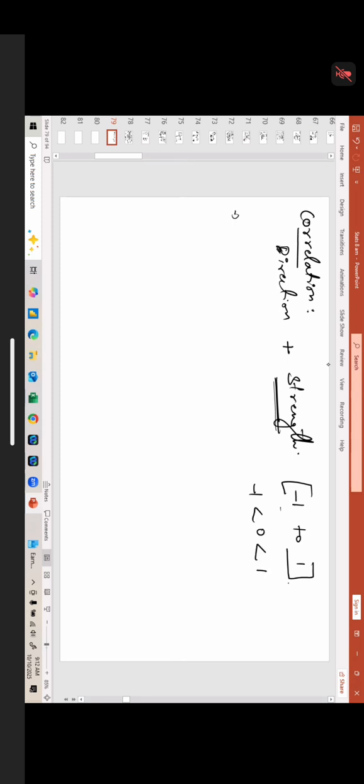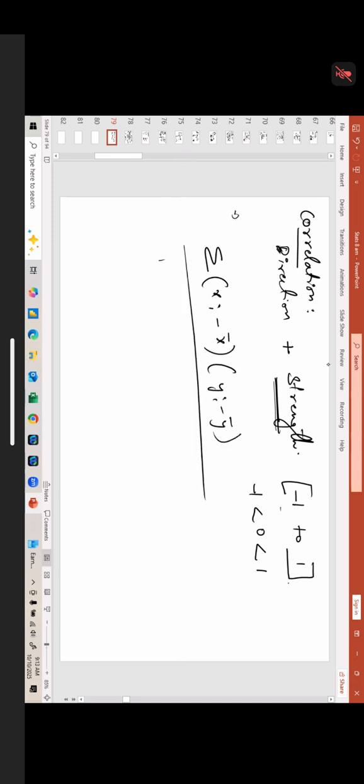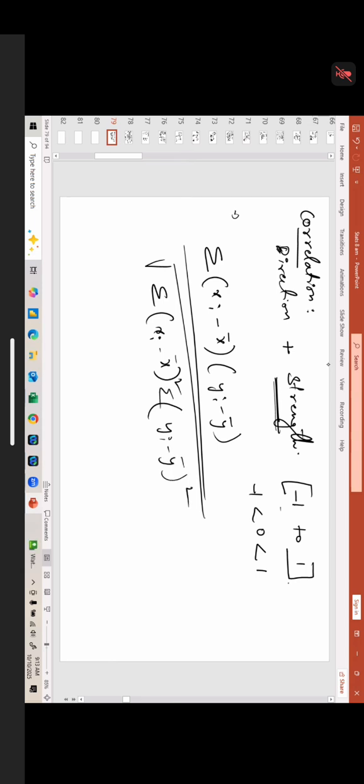The formula to calculate it is sigma of (xi minus x bar) into (yi minus y bar), divided by the square root of summation (xi minus x bar) whole square into summation (yi minus y bar) whole square. This is the formula to calculate correlation, and the range is from -1 to +1.